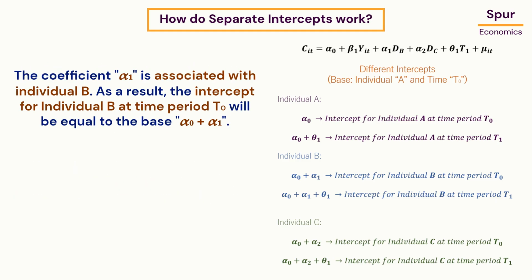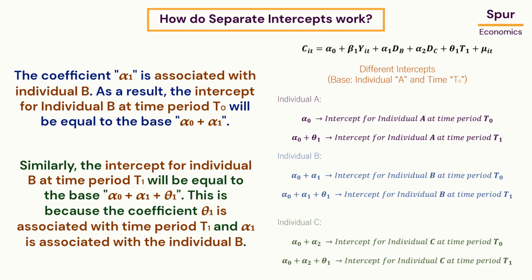The coefficient alpha 1 is associated with individual B. As a result, the intercept for individual B at time period T0 will be equal to the base alpha 0 plus alpha 1. Similarly, the intercept for individual B at time period T1 will be equal to the base alpha 0 plus alpha 1 plus theta 1.